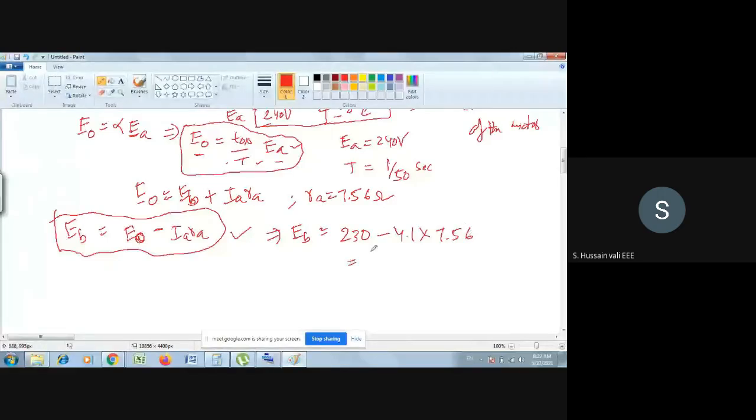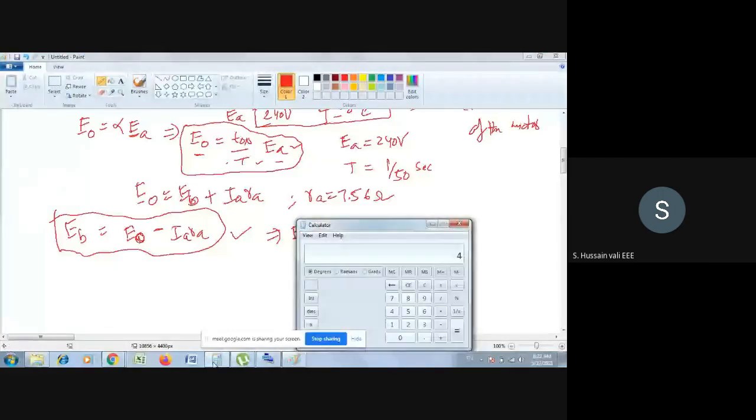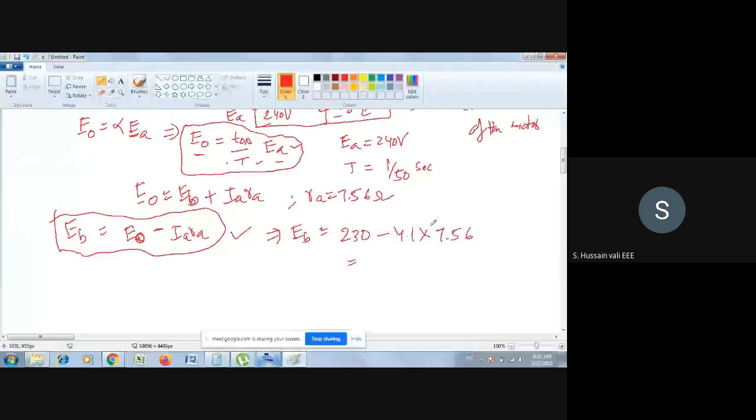Approximately you will get 199 volts. So EB we got as 199 volts.